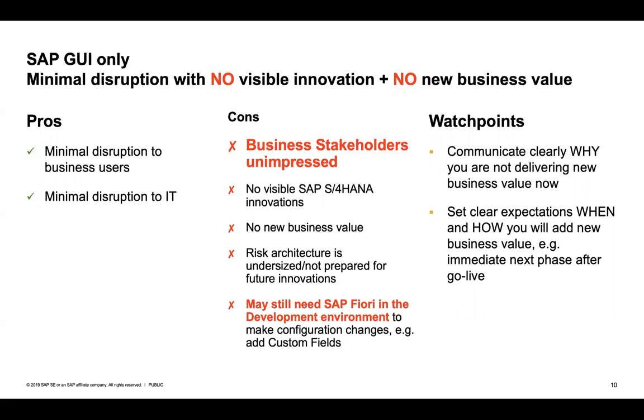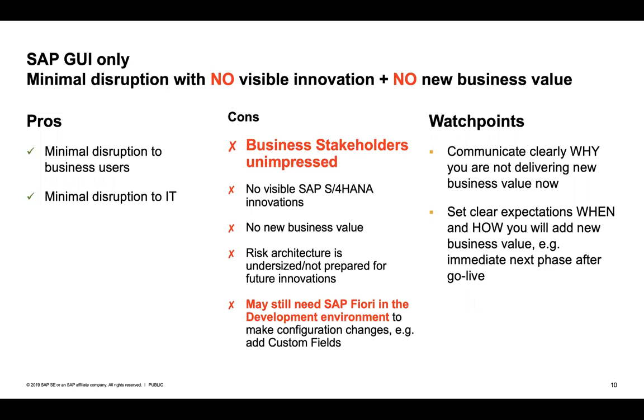We've fixed a lot of that. But these days, we tend to see this where there's a very, very tight time constraint on a project. For instance, they have a very short window to get things live before end of fiscal year. And that's okay, provided they set a clear next stage for when they are going to add new value and when they are going to bring in Fiori.